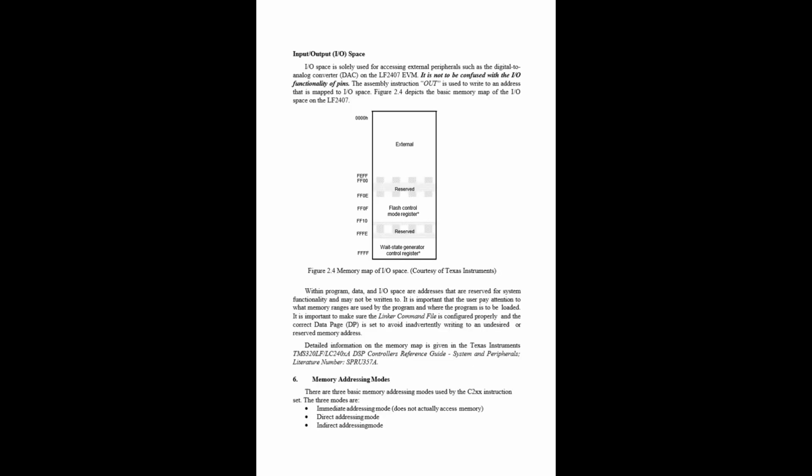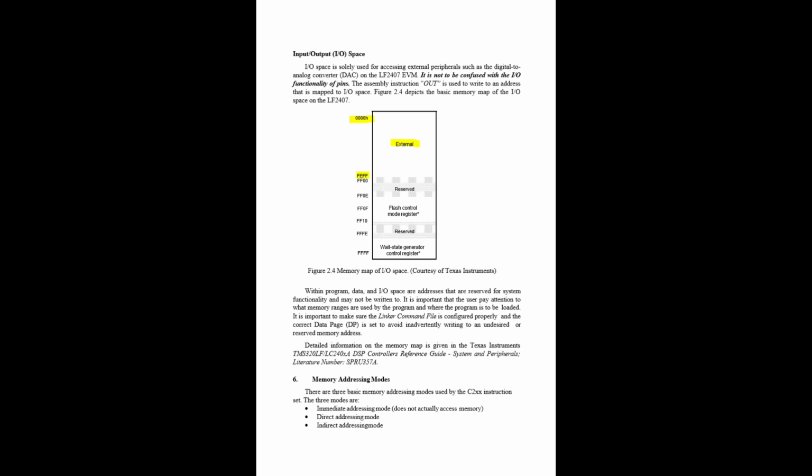Then for memory, we have seen multiple spaces. Similarly, there is input-output space. Some external devices require memory space for their purpose. For that, space is allocated from 0000 to FEFF.